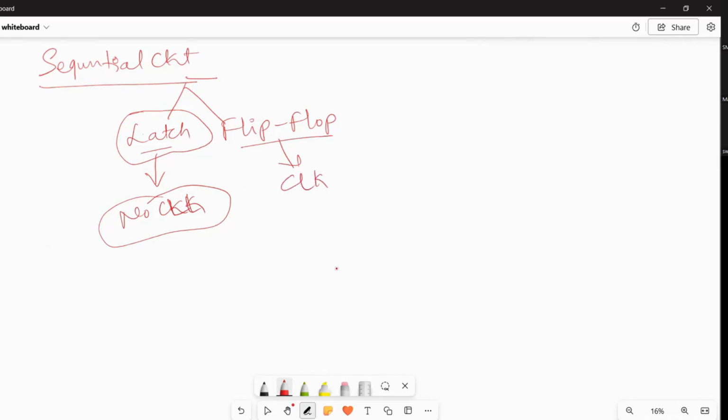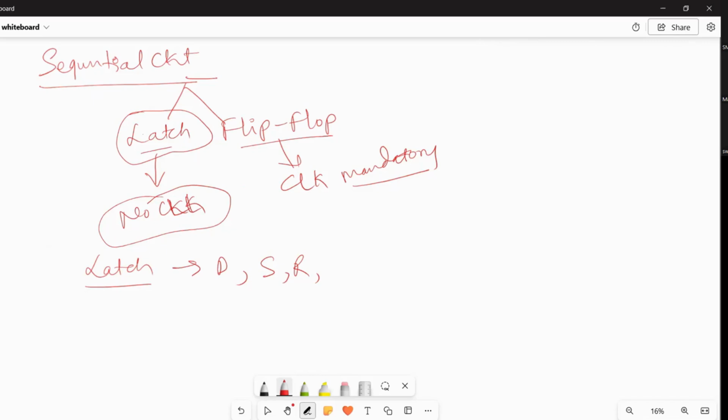Clock is mandatory. I will explain the meaning of latch. There are different types of latches: D latch and SR latch. I will explain SR latch.